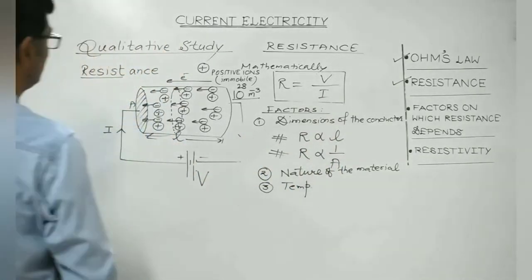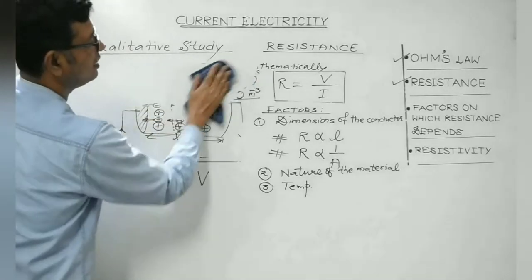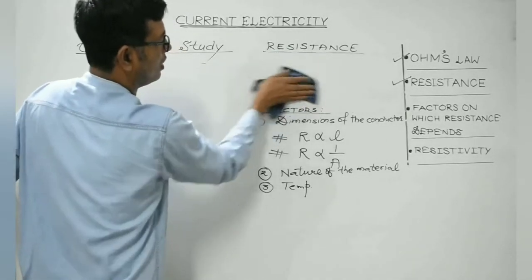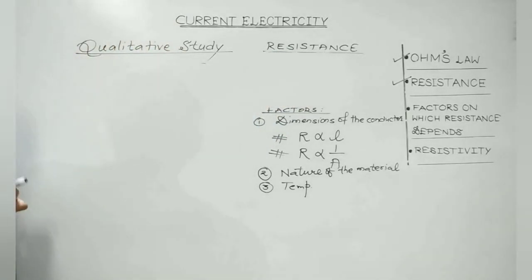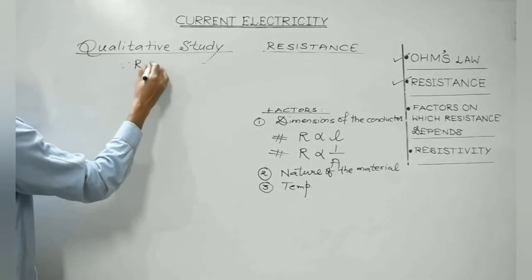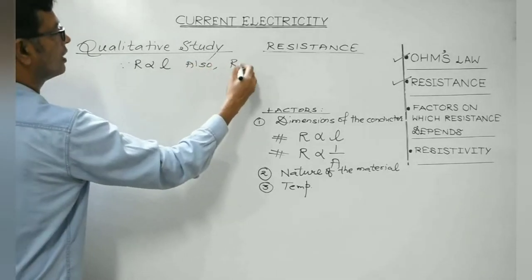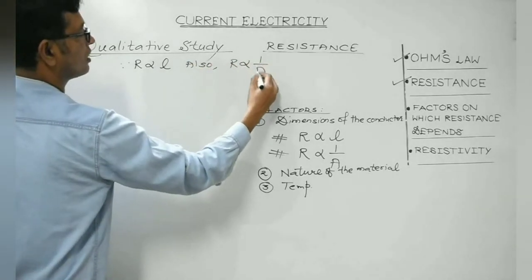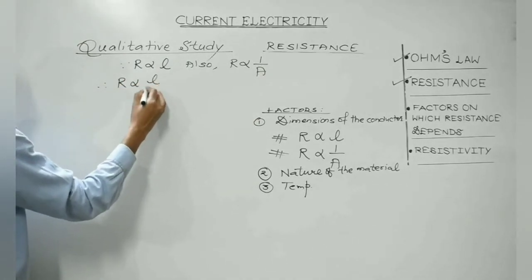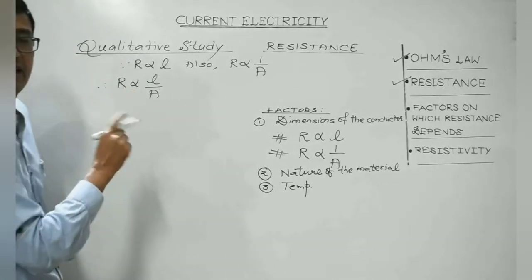So let's start with the mathematical treatment first. Combining these two statements, we can write: R is proportional to L by A. Since R is proportional to the length of the conductor, and also R is inversely proportional to the cross-sectional area, combining these two, we can write R is proportional to L by A. Again, students, this is the proportionality sign.